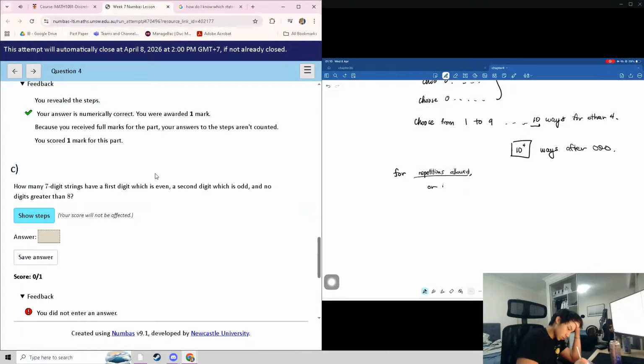Order important. Keep in mind that we're doing how many 7-digit strings have a first digit which is even, a second digit which is odd, and no digits greater than 8.